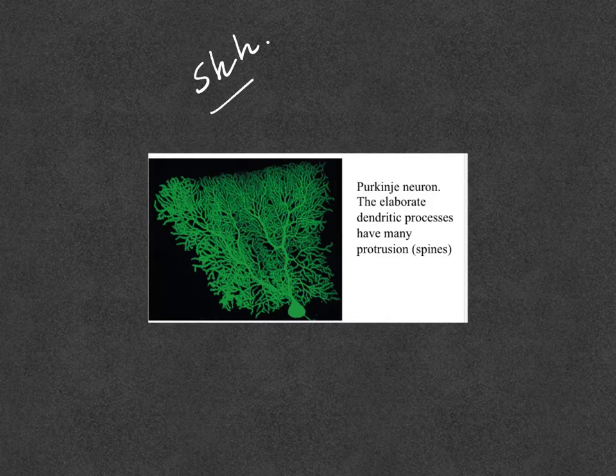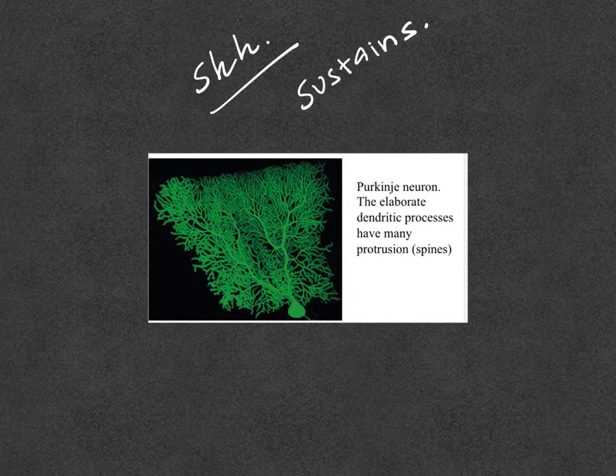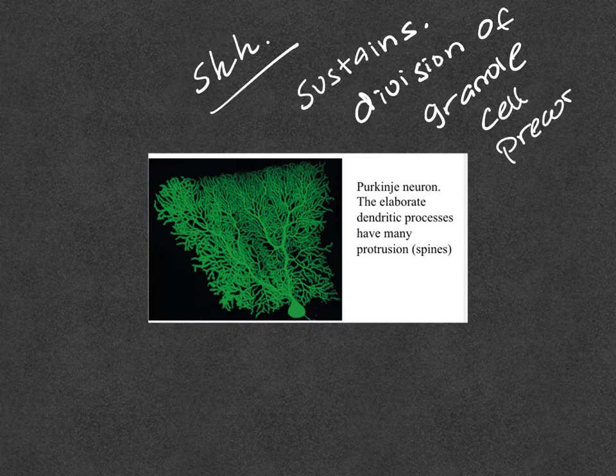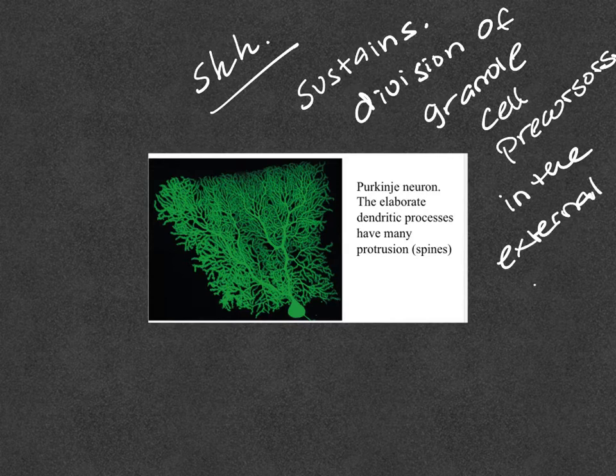And what Sonic Hedgehog does in the whole process of the cerebellum cell differentiation process is that it sustains division of granule cell precursors in the external granular layer.